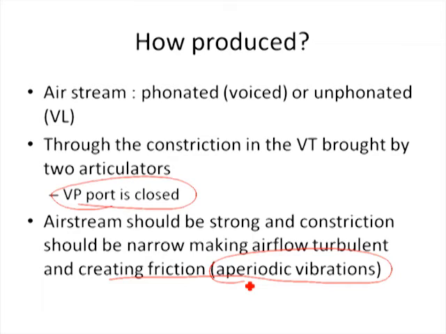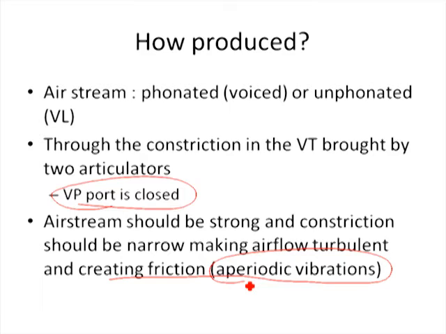When that airstream comes through your vocal tract, the constriction in the vocal tract is brought by two articulators. So for the linguodental, it's between your tongue and your teeth. Then you have the alveolar, which is your tongue to your alveolar ridge.